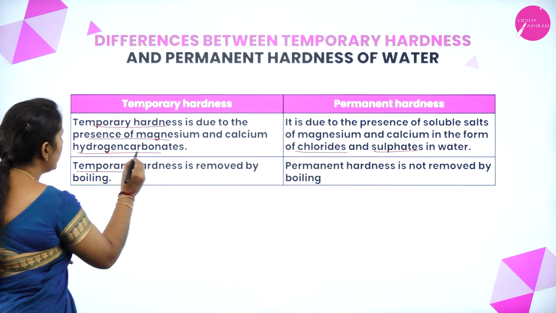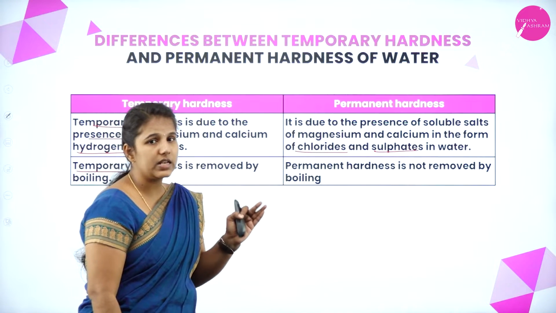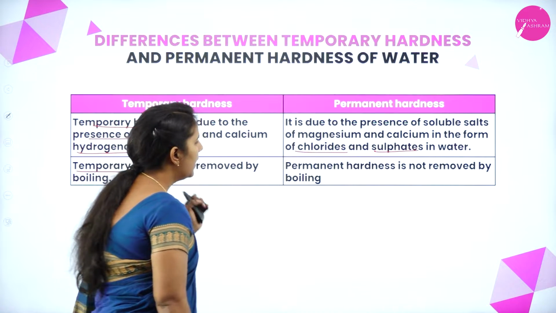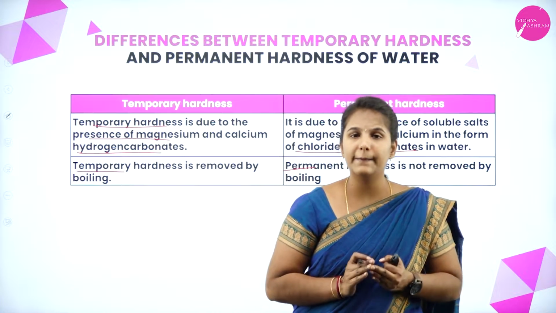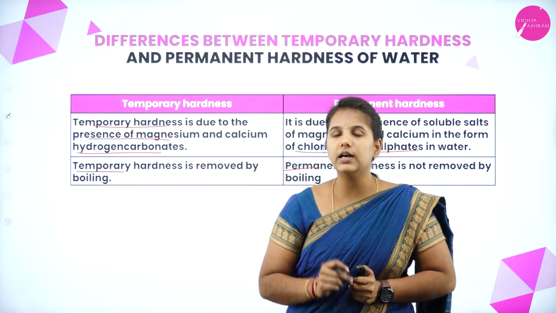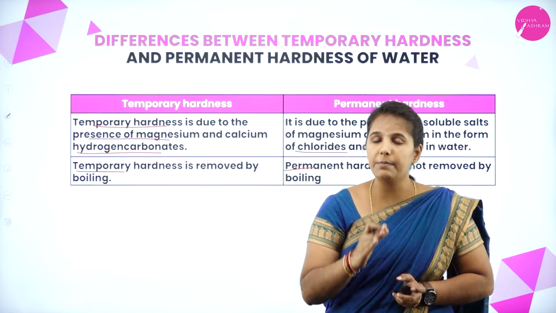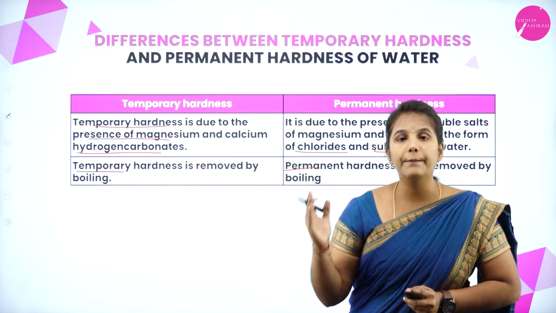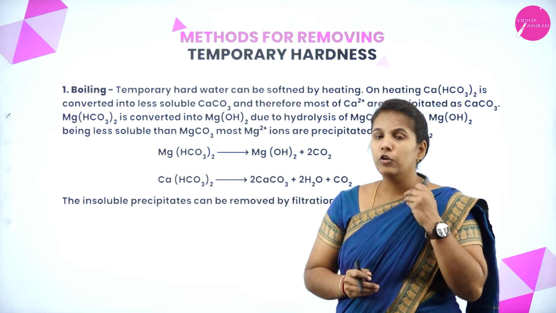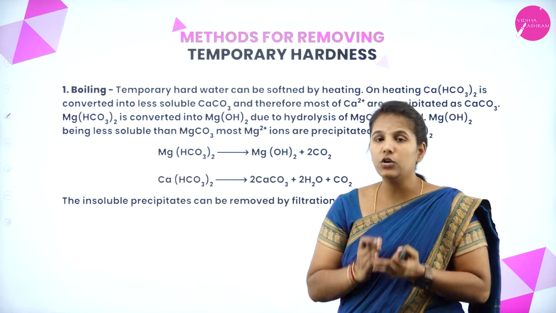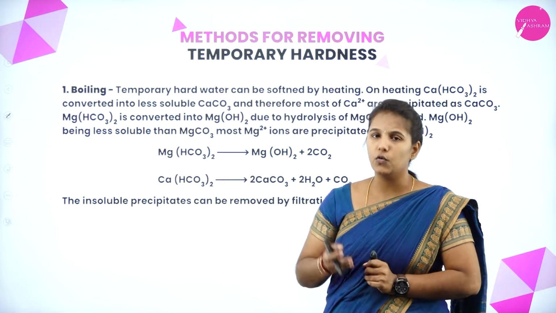And temporary hardness of water can be easily removed by boiling, whereas permanent hardness of water we cannot easily remove by boiling. So these two are the main differences between temporary hardness and permanent hardness of water. Now let us discuss a few important methods to remove the hardness of water.